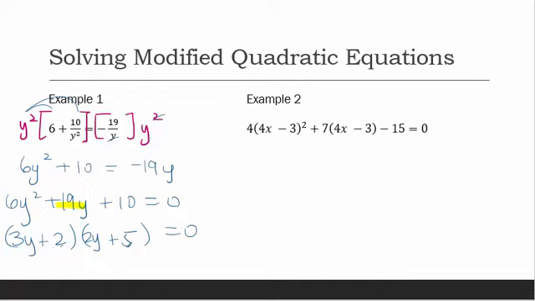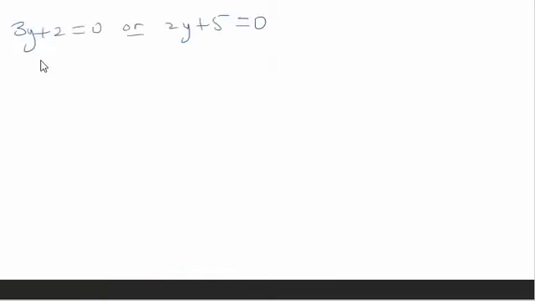Okay, now set each factor equal to 0. So 3y plus 2 equals 0, or 2y plus 5 equals 0. And solve for y. Okay, so if we subtract 2 from each side of the first equation, we get 3y is equal to negative 2, and then divide by 3, and y is equal to negative 2/3.